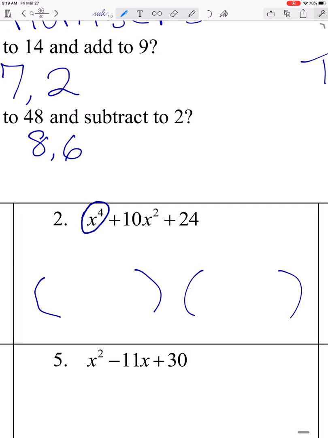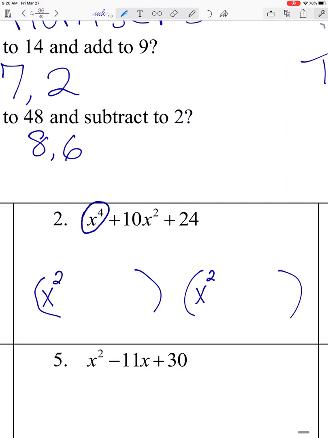What we want to do is split the x to the 4th power. Remember, when we split something, we're just dividing by 2. So when I split x to the 4th in half, I get x to the 2nd and x to the 2nd. So if you see x to the 4th, we're just putting x to the 2nd because we're splitting it up.